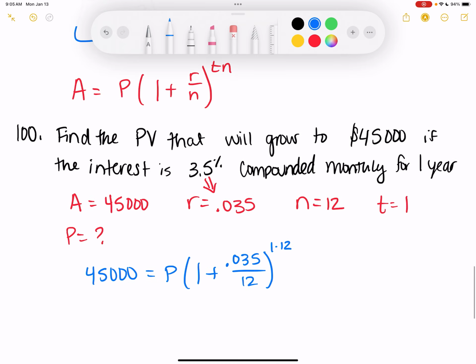On problems like this, there's really no way to do this other than plugging these numbers into your calculator, because I don't expect you to find all of those things in your head.